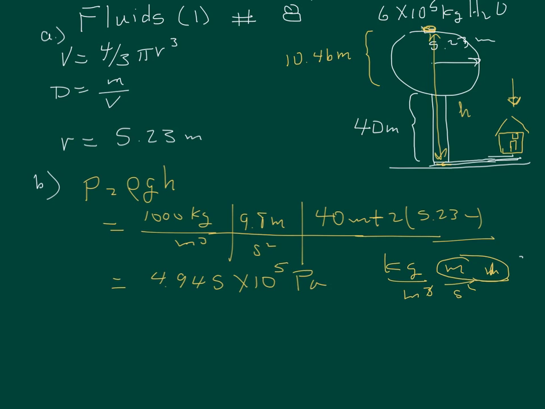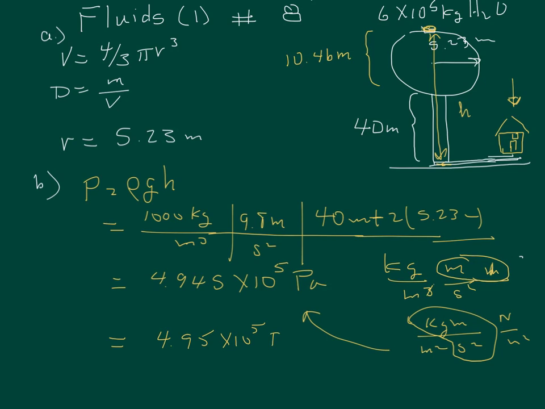So canceling out just one of the meters, I have meters squared on bottom, and I get kilogram meter per second squared over meters squared. That's a Newton per square meter, and that is the definition of the Pascal. Getting the correct number of significant figures, then I get 4.95 times 10 to the 5th, 495 kilopascals.